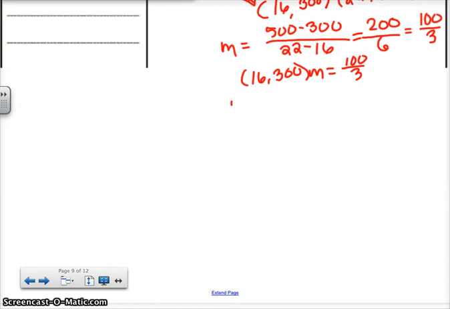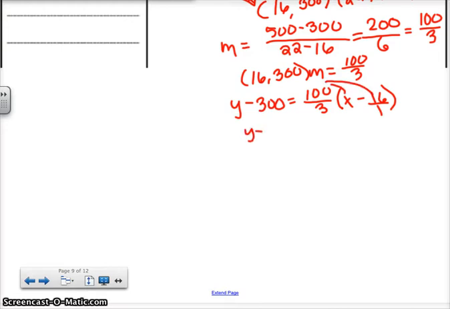Y minus the y I'm given is equal to my slope times x minus the x I'm given. Uh-oh. Then I gotta get y alone. This is where it gets difficult. I'm gonna distribute my 100 thirds. When I distribute a fraction, I like to turn the second term into a fraction, because when multiplying fractions, you go top times top over bottom times bottom. A skill you need to just remember.